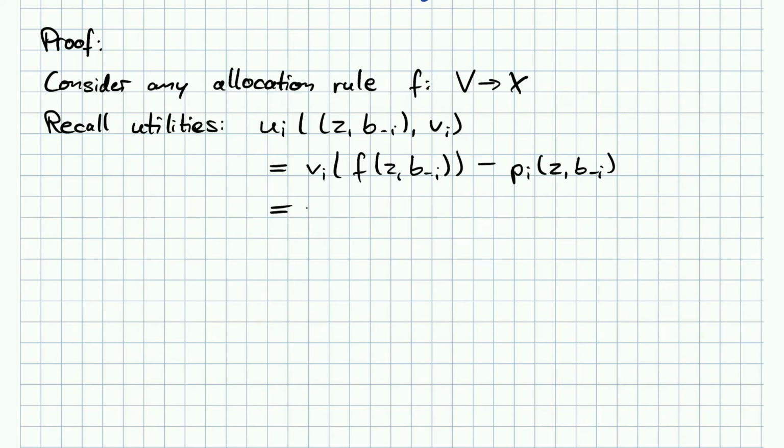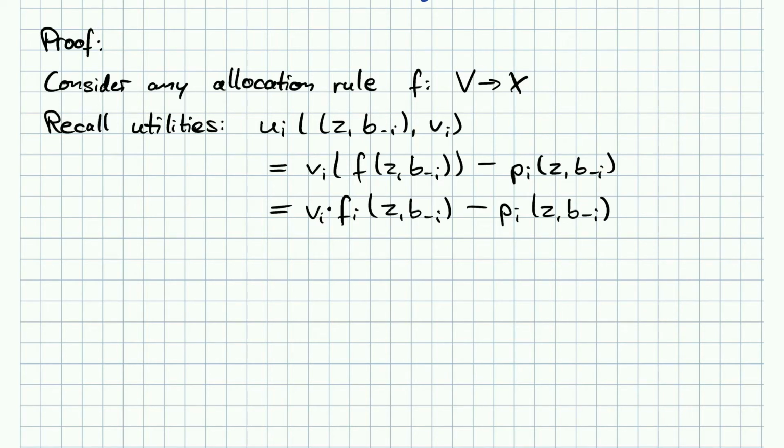And in our case, because we're in a single parameter setting, this is v_i times f_i(z, b_-i). Here we are using that the problem we're considering is a single parameter problem, so the outcome space has the form that outcomes are vectors of real numbers, and v_i is a function that is equal to v_i times x_i.